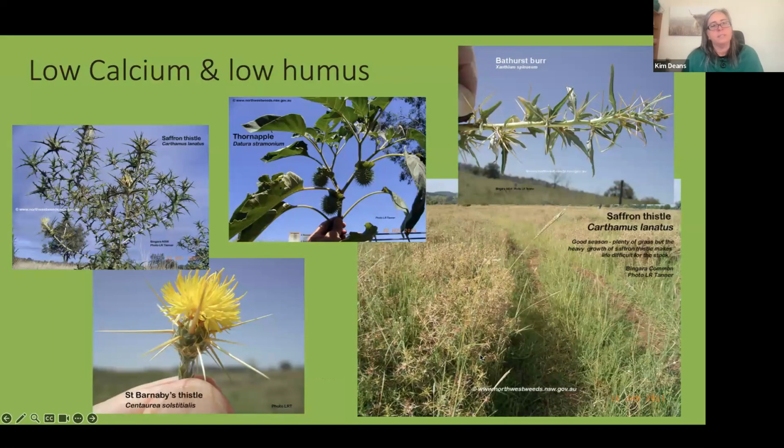When we start to look at some of the classic examples, low calcium and low soil humus are common with a lot of weeds. In particular, plants like the prickly thistles, saffrons, and Bathurst burrs are often a real sign of calcium.